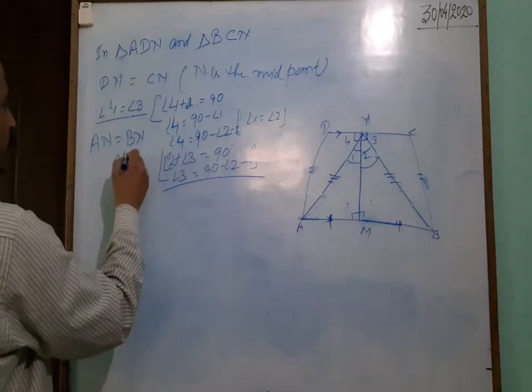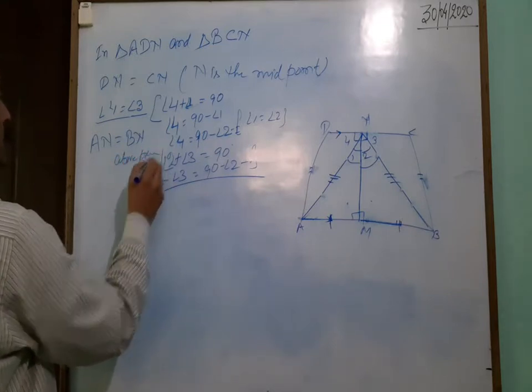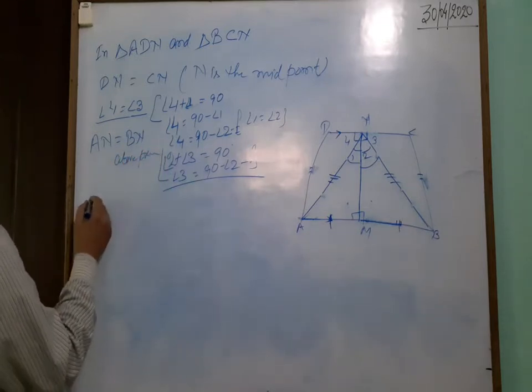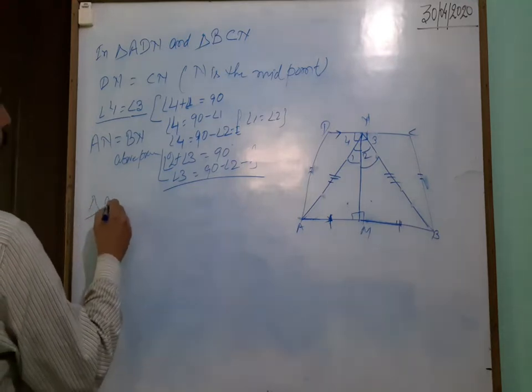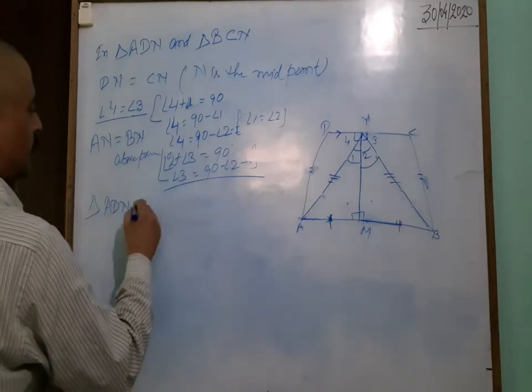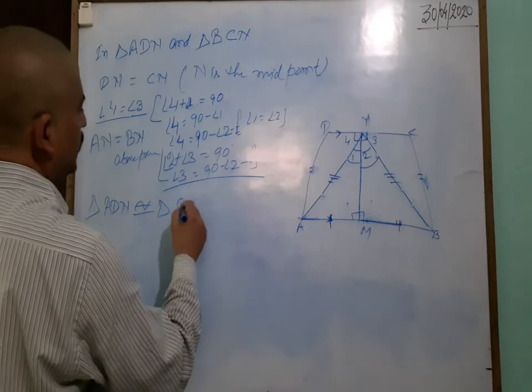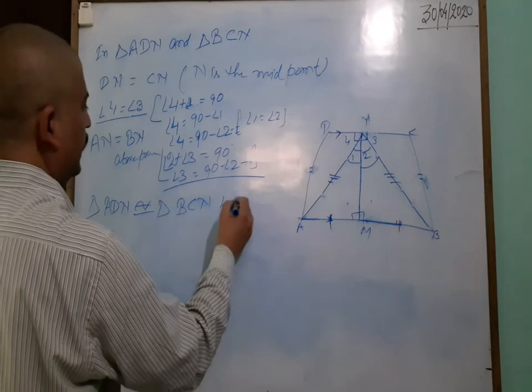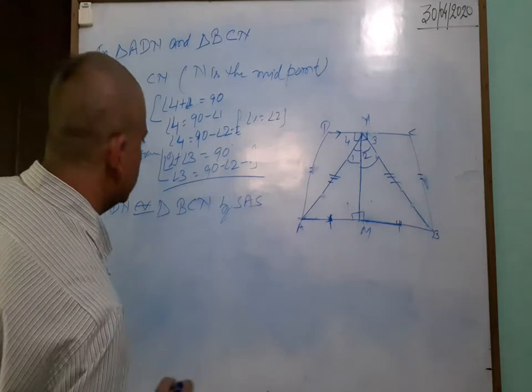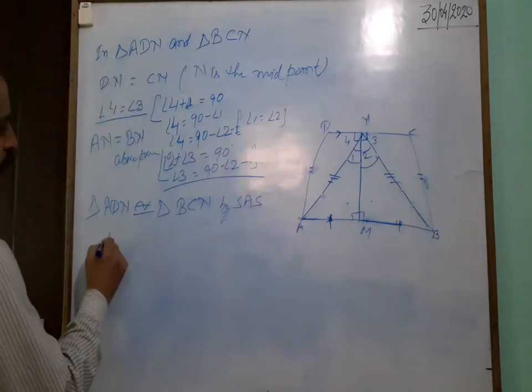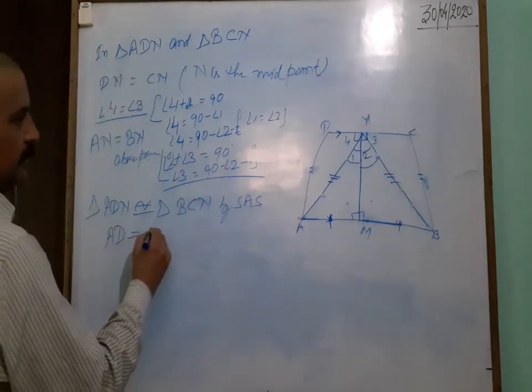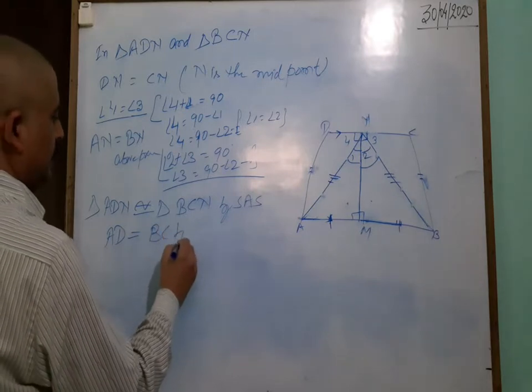So triangle ADN is congruent to triangle BCN by SAS. So AD is equal to BC by CPCT.